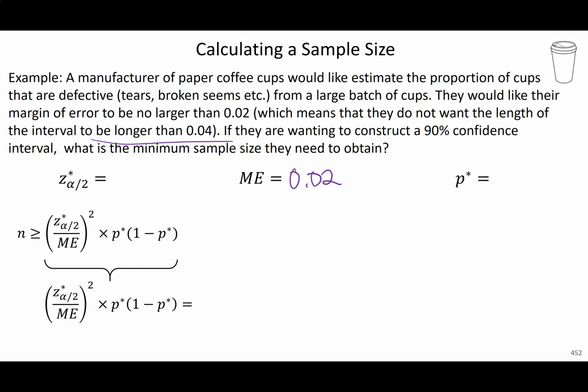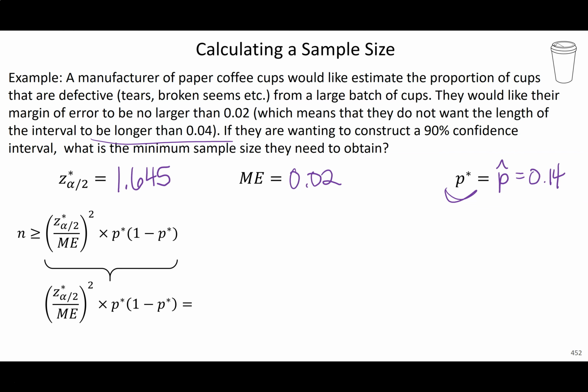So if they want to construct a 90% confidence interval, how big of a sample size do we need to take to ensure that it's no wider than this amount? So 90%, so 1.645. And then P star is the last thing that we need to figure out. We do have sample information, so we're going to use that. So P hat, it's going to be equal to 0.14. So that was that 28 out of 200.